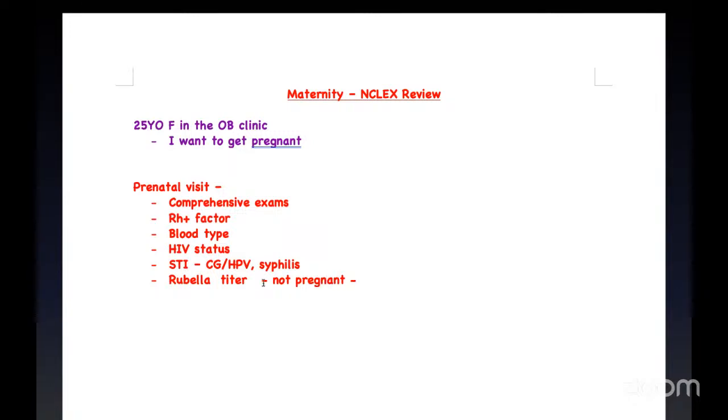Then you check the titer, and if the titer is low, you should vaccinate this patient. That is very key. She's not pregnant, she came in, you check her titer and the titer is very low, you should vaccinate her. But when you vaccinate her, you tell her to wait at least 4 weeks before she gets pregnant.